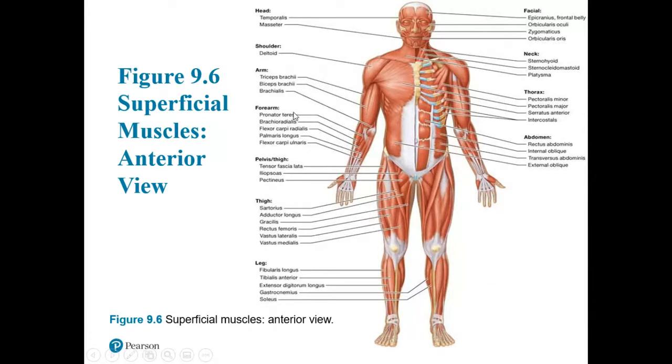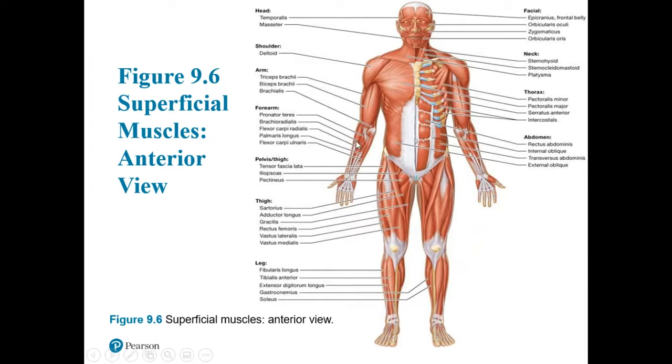That's the action of your pronator teres. It originates on the proximal end of the radius and ulna, and then it inserts right here through some tendons on the bones of the hand. So you can pronate that hand.